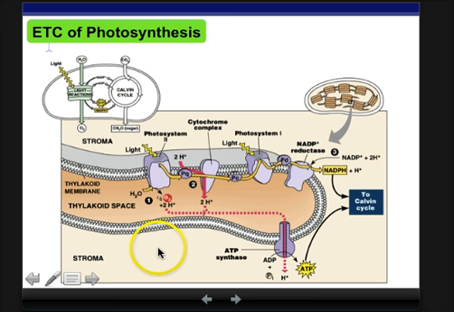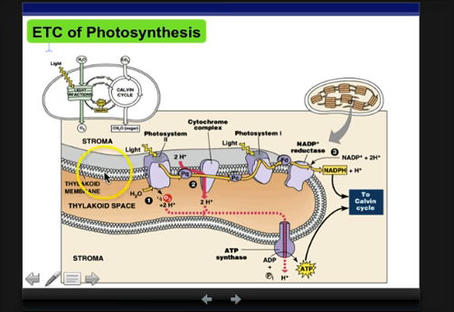So if we're looking at it as the reverse of the electron transport chain in respiration, here we're gaining NADPH, an electron carrier, and we're gaining some ATP, and those are going to go on to the Calvin cycle where we make sugar.